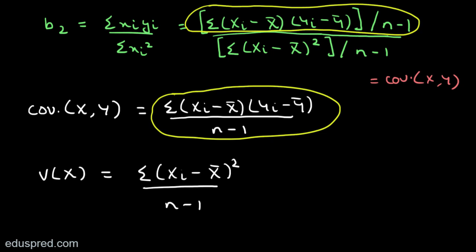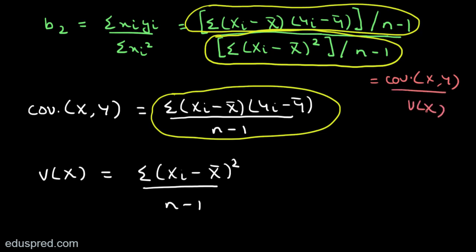And instead of the denominator, I can write variance of x, because this is nothing but variance of x. And this is the last formula that we have to calculate B2. So B2 is equal to covariance between x and y divided by variance of x. So this is all about the different formulas that we have to calculate B2. And that's it for this lecture.